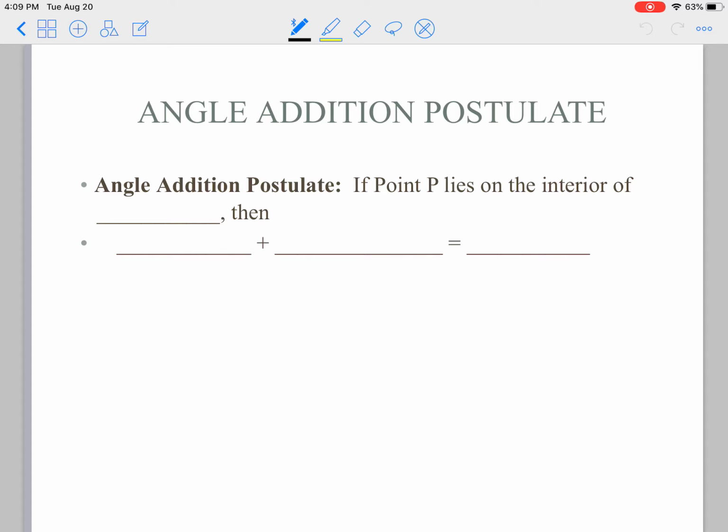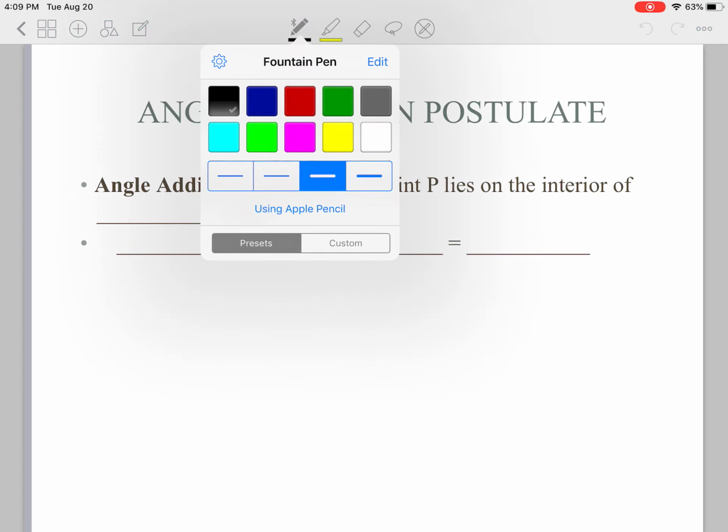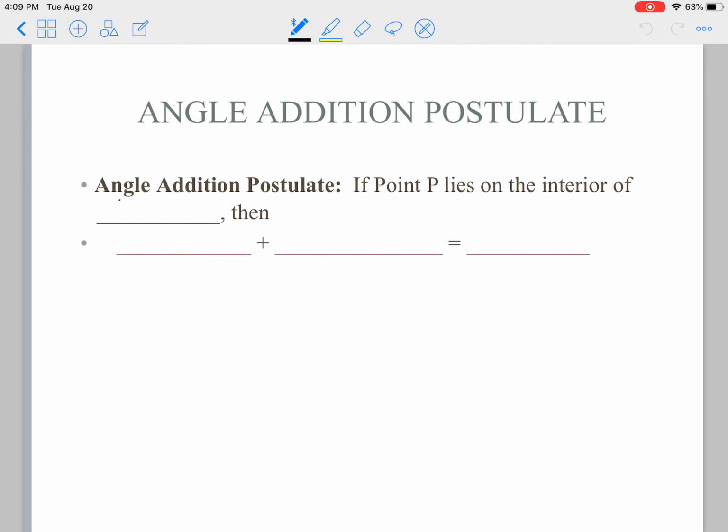The angle addition postulate. It states that if the point P lies on the interior of, and this is going to give me the option of naming an angle. Angle, let's say angle X, Y, Z. Okay?